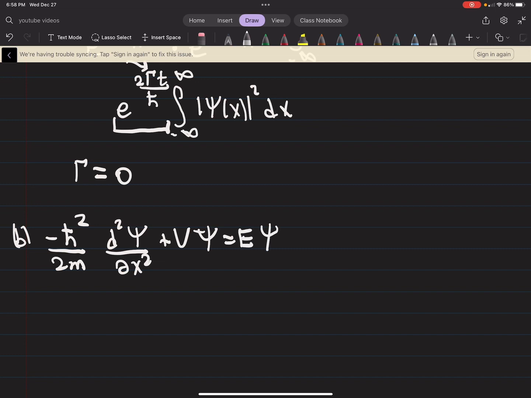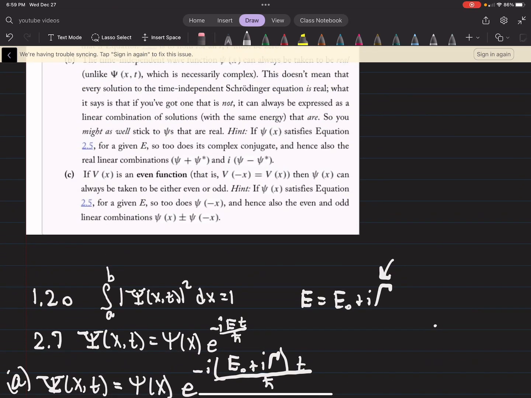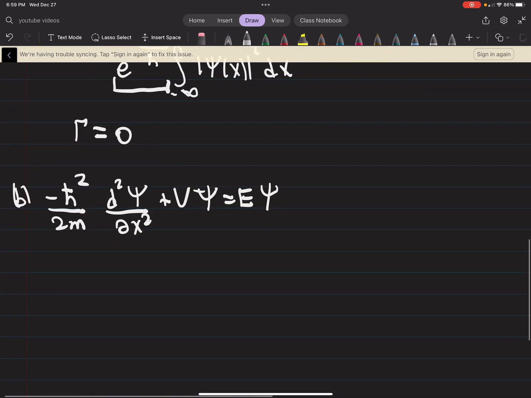Okay, so we have Schrodinger's equation, and we know psi is obviously a solution to Schrodinger's equation. Now, the examples they give us, we also want to show that psi star is a solution. Well, that's kind of simple if you just take the complex conjugate. It's supposed to be a partial.